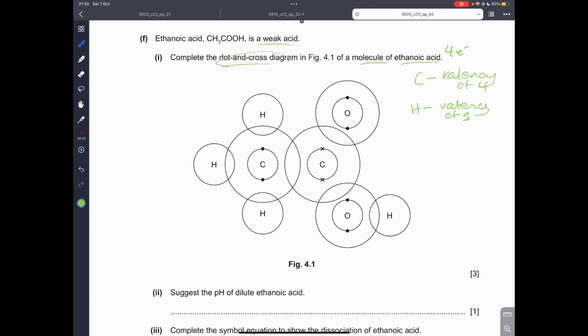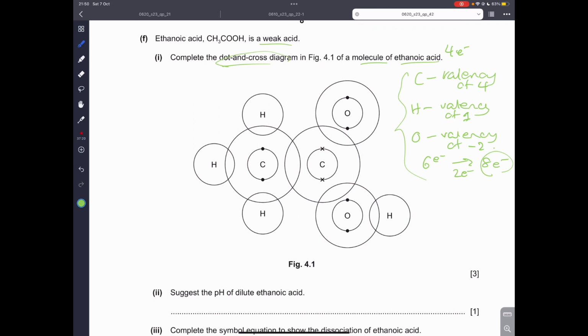It needs two electrons to become stable. And oxygen has a valency of 2. In other words, it has 6 outer electrons. It needs 2 electrons to turn into 8 electrons so that it can achieve noble gas configuration. So this is basically the basics that we work with.